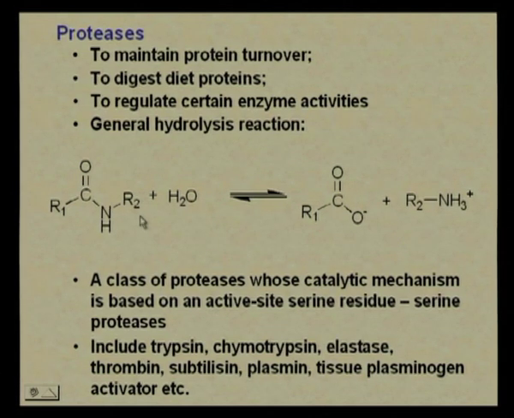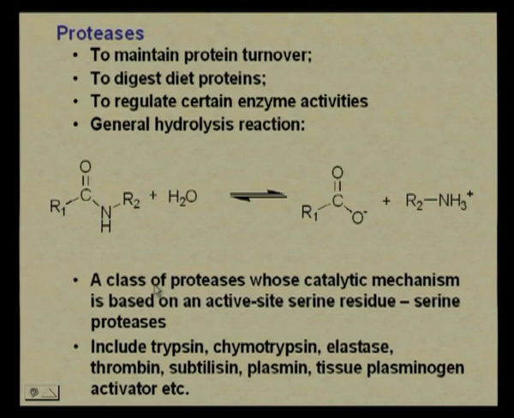Now, we have a general hydrolysis reaction in which we will have the cleaving of this bond, and this is accomplished by these proteases. Of these there are different types of proteases like serine proteases, aspartic acid proteases, and the one that we will be studying is serine proteases.